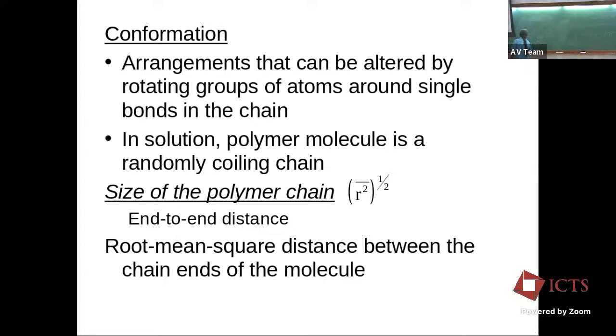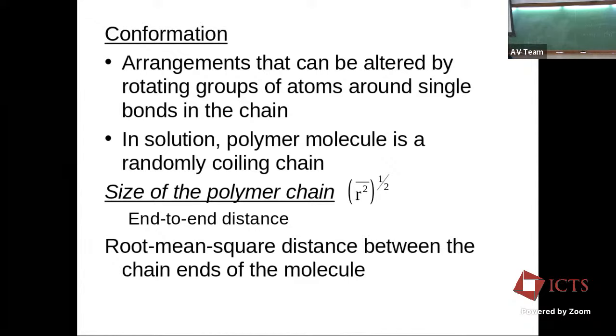It is made up not of those monomers, but I'm going to convert it into n segments of length L each. So this is L1, L2, L3, etc., up to Ln.